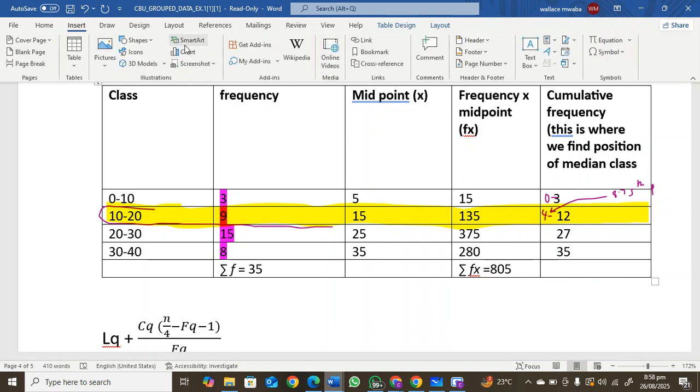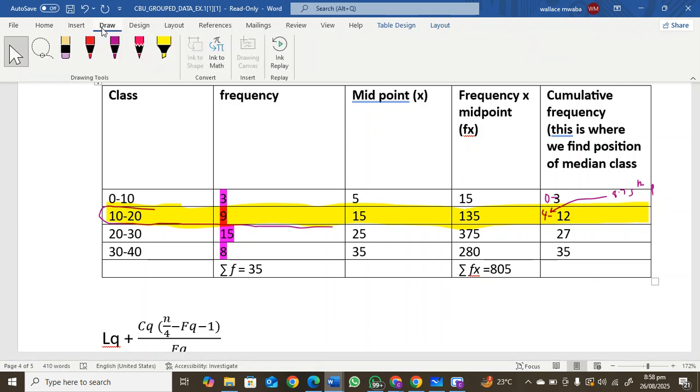14 and 27. Yes, 14 and 27 here. Like this.